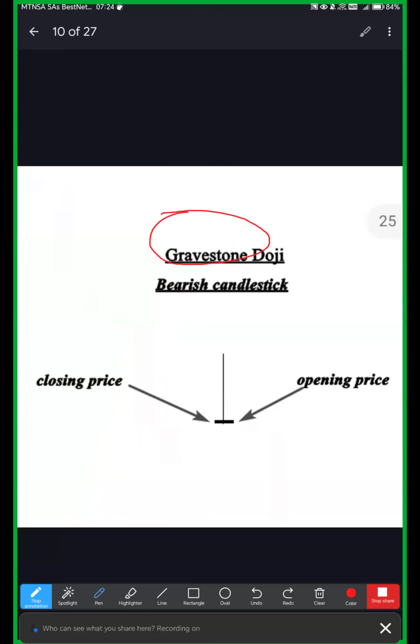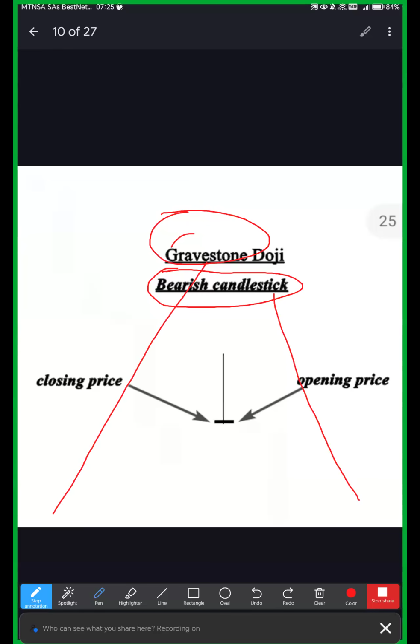A gravestone doji is a bearish candlestick chart pattern. It signifies a market reversal signal to the downside. Once the dragonflies have flown the price to the top, they meet with the graves here. If they are not careful, they end up falling into those graves.